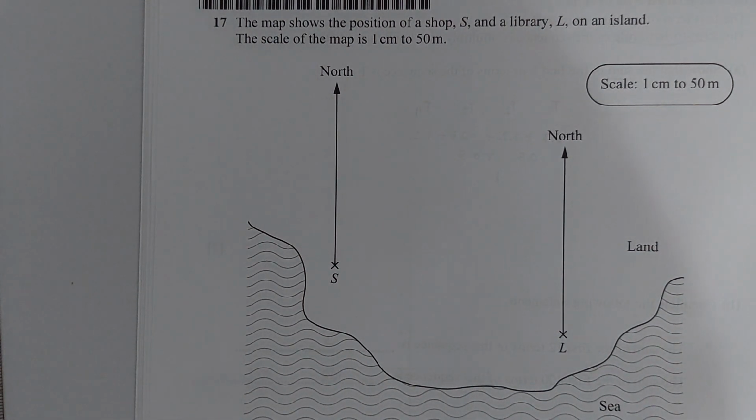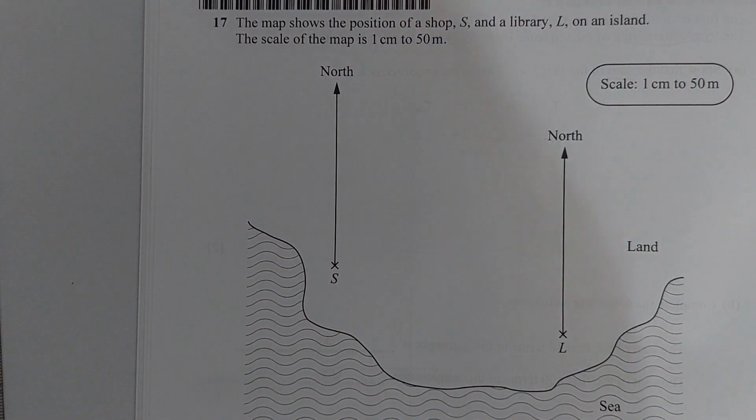The scale of the map is 1 centimeter to 50 meters. It means for every 50 meters, you will draw a 1 centimeter line. So if you want to draw 100 meters, then you will draw 2 centimeters on this map.